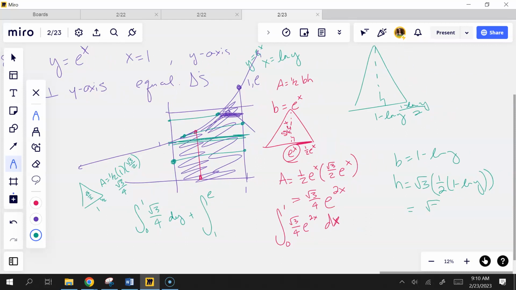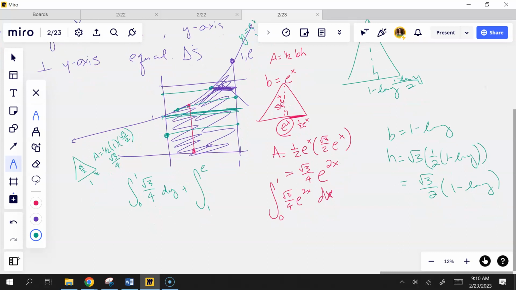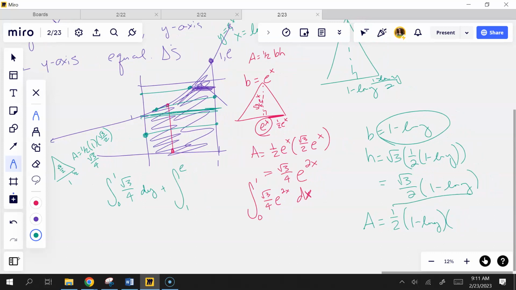See why this one was so much harder? Now put them together for the area of your triangle. 1/2 base times height.